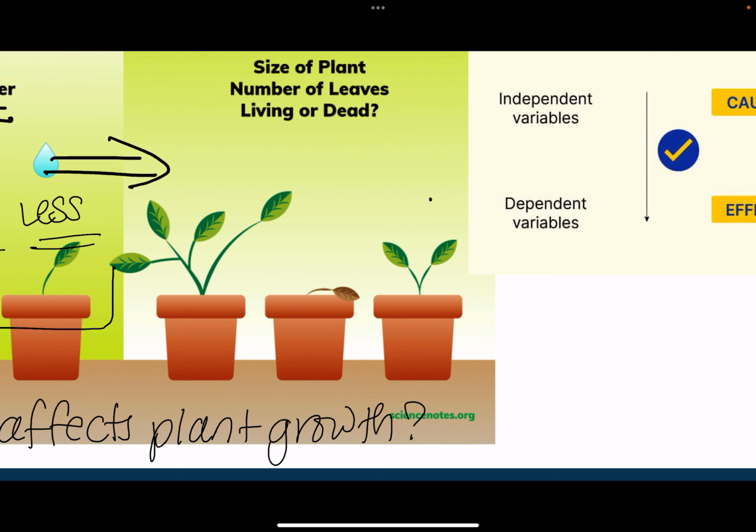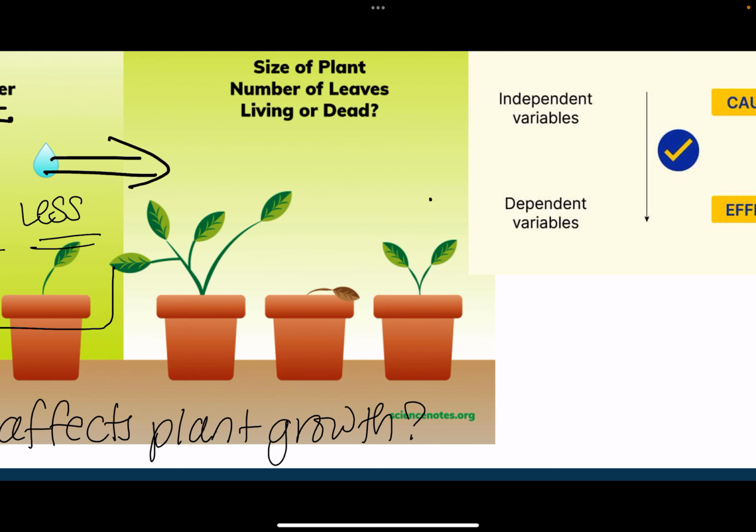These top 2 are going to be quantitative data, and we really want to try to get number values from our data. The other one, living or dead, would be qualitative, and that's okay, but you really want to try to get quantitative data that you can use as specifics.